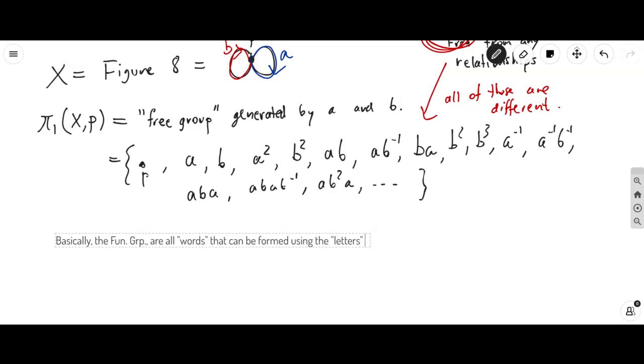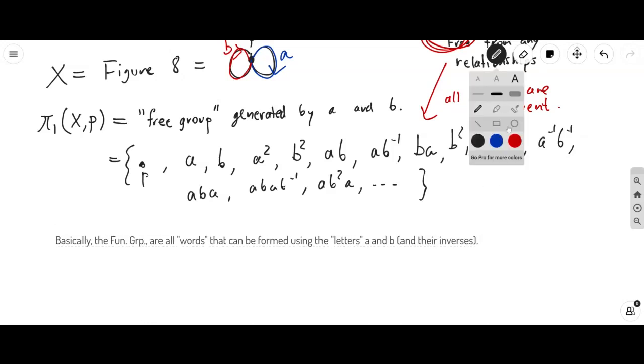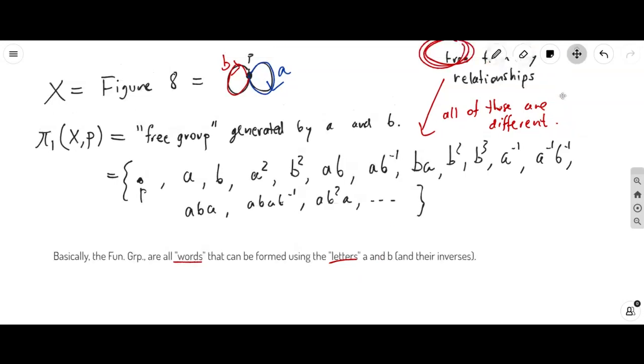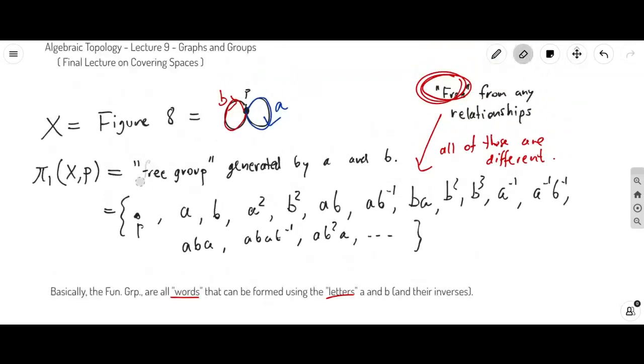But of course, these letters represent homotopy classes of loops, formed by using the letters A and B and their inverses. You can also throw in the inverses, but that's what it is. So it's all different words you can form. And that's the reason why. So you have words and you have letters, and all of these words are different. And that's why we call it a free group, because there is no relationship that will allow you to turn one of these words into a different word.